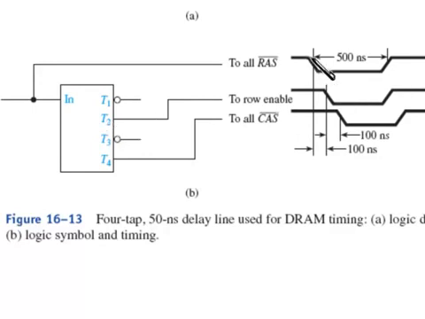So when we went from this low edge to this low edge, the fact that there were 2 different taps, so this one was 50 nanoseconds inverted, this one is going to end up being 100, so we have a 100 nanosecond delay from this low edge to the first low edge. We'll use that for our row enable, RAS, and then the CAS will go another 2 taps to get another 100 nanosecond delay from that. So these give us the precise timing delays that we need for our RAS and CAS signals.